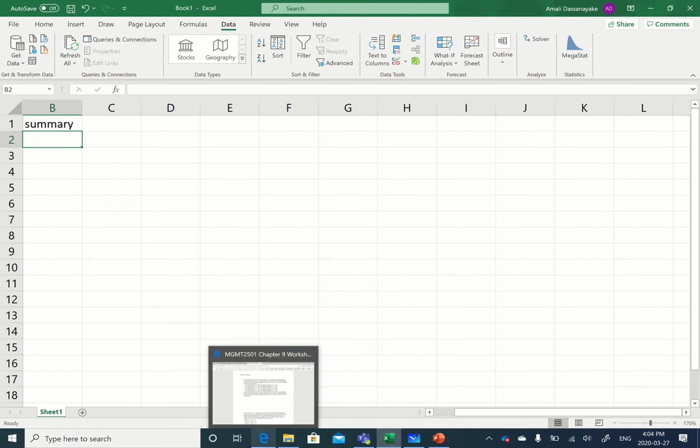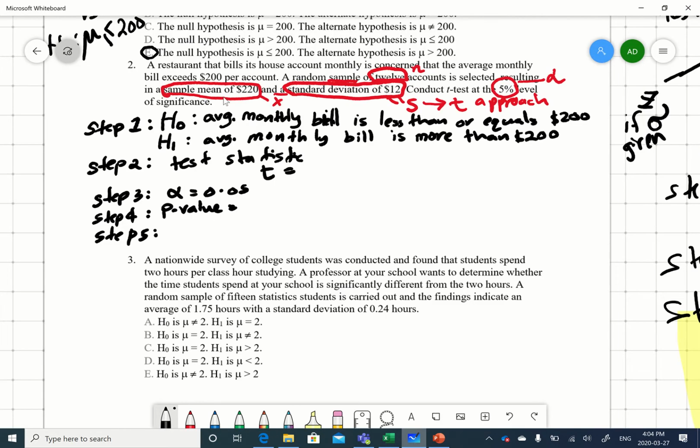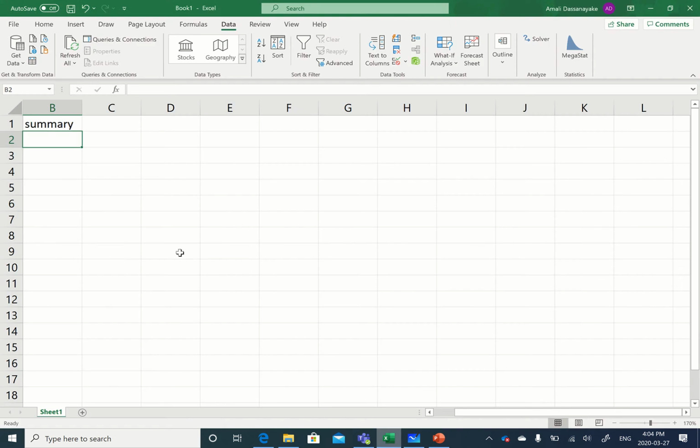So going back to read: a sample mean of 220 with a standard deviation of 12 from a sample of 12 accounts. So 220, 12 and 12, in this exact order: sample mean, standard deviation, sample size.